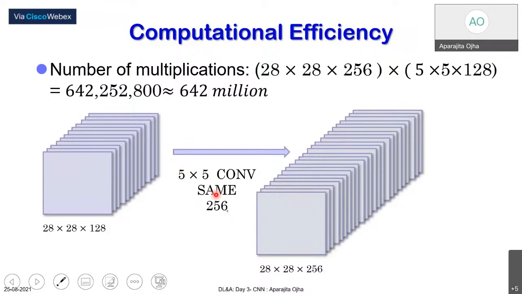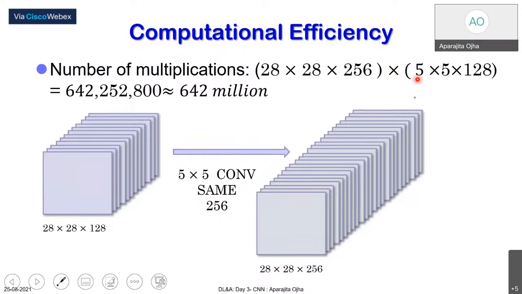So let us take this activation map or feature map. One position of this feature map is obtained how? This one position is obtained by taking a 5 cross 5 block here, right?